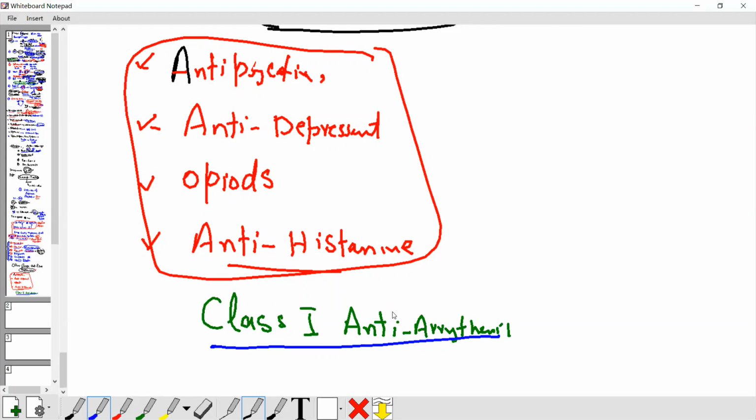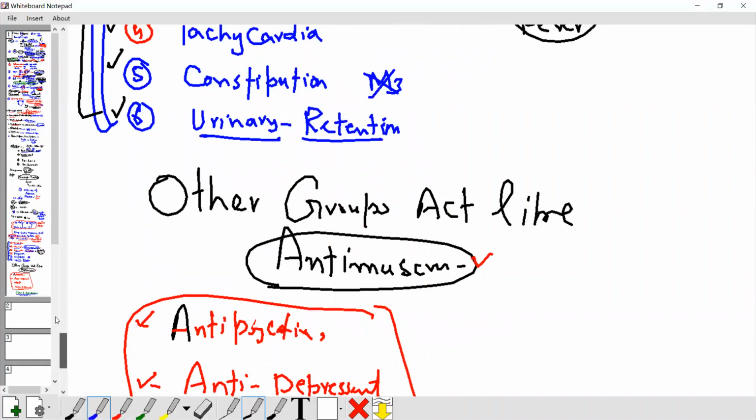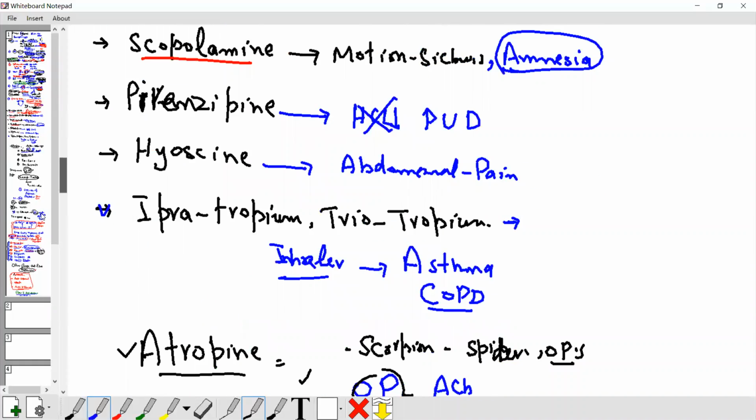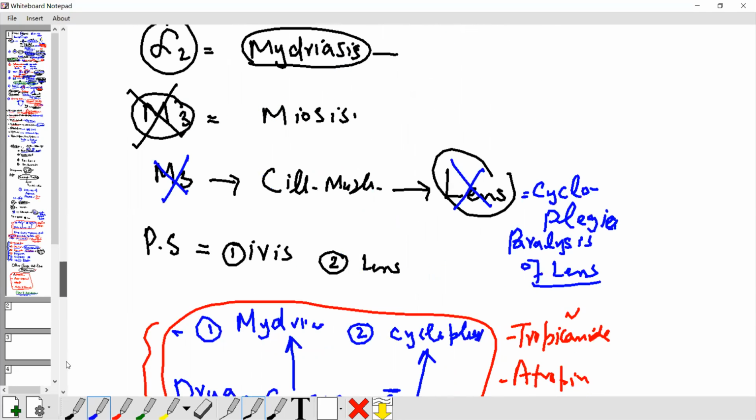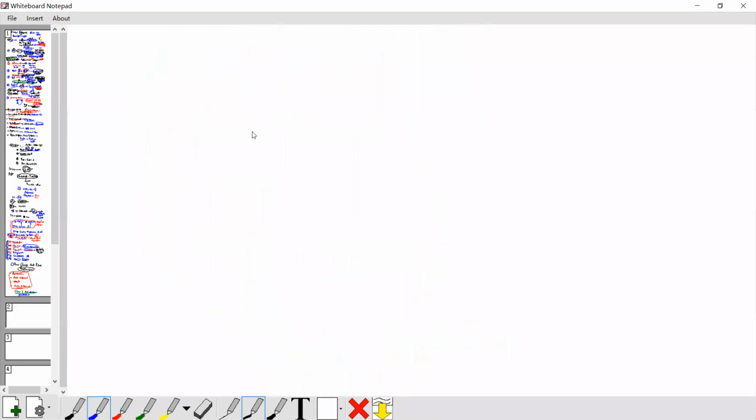Understand? Because they have antimuscarinic property. Which class? Class 1, sodium blockers. We use this drug for arrhythmia. Okay, this we learn in the CVS system. So all this is all about antimuscarinic drugs.